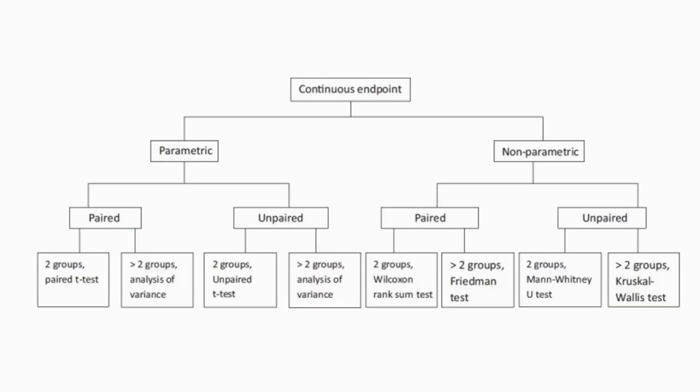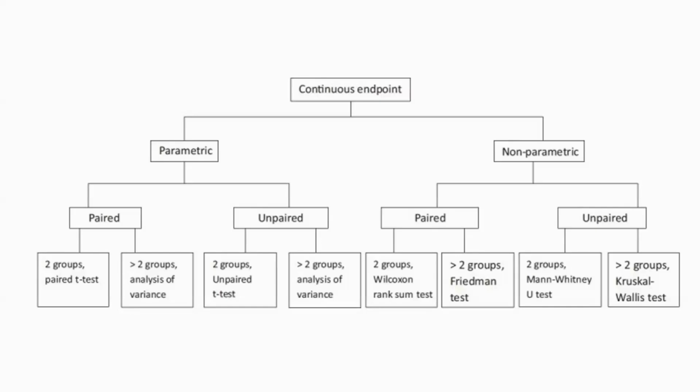So a wise choice would be to look at non-parametric tests. Or sometimes when you are looking at categorical, ordinal and nominal outcomes, a wise choice would be to go for non-parametric tests.